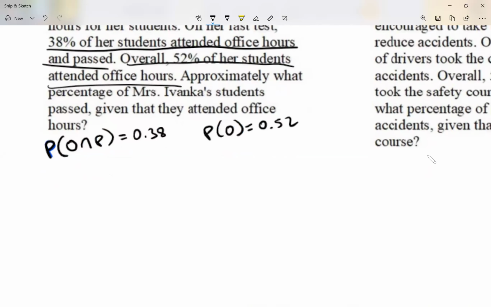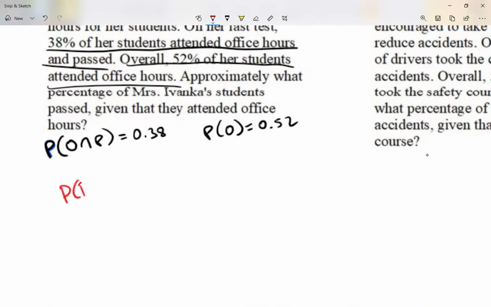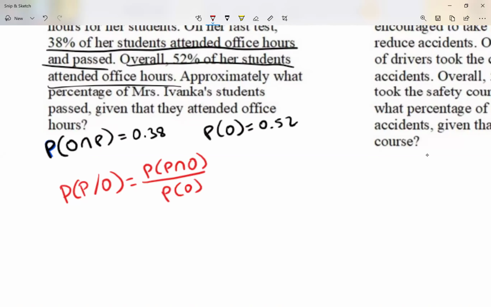Now, approximately what percentage of Mrs. Ivanka's students pass given that they attended office hours? So here it is asking me the probability that they pass given they attended office hours. I'm looking for the probability of pass and office hours divided by the probability of office hours. Remember, the second one is the one I'm going to divide by.